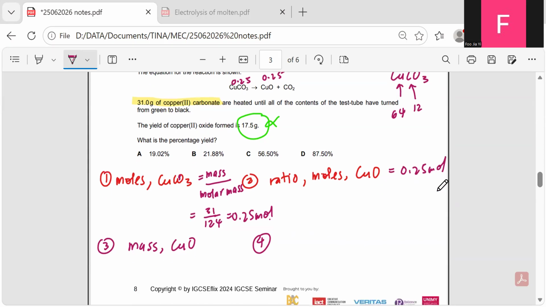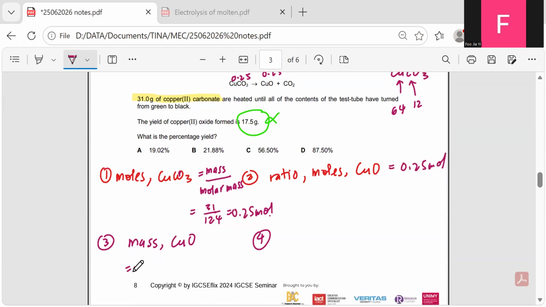And so the mass is 0.25 multiplied by Cu plus oxygen, which is 80. So how many grams do you get? 20, right? So your percentage yield is like this.